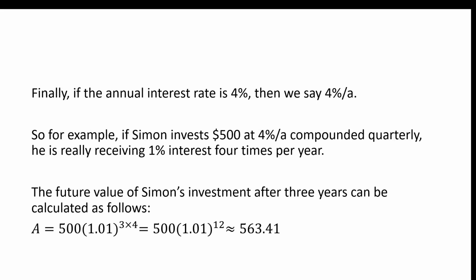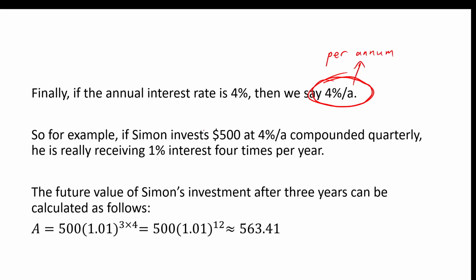Finally, something that you often see is this symbol here. If we're talking about an annual interest rate of 4%, then we say 4% slash A. It's Latin for per annum, which means per year.